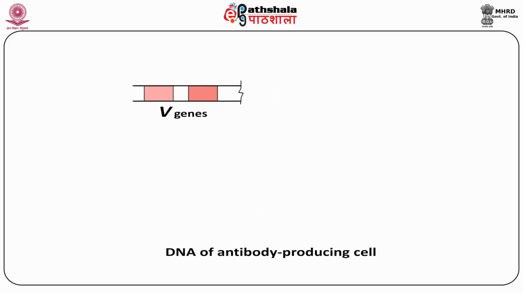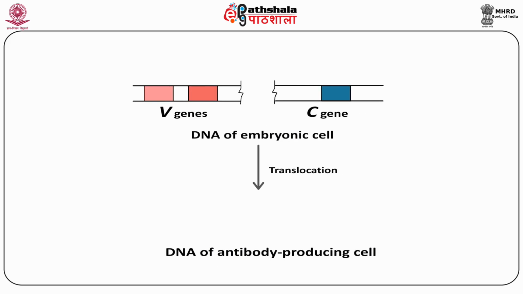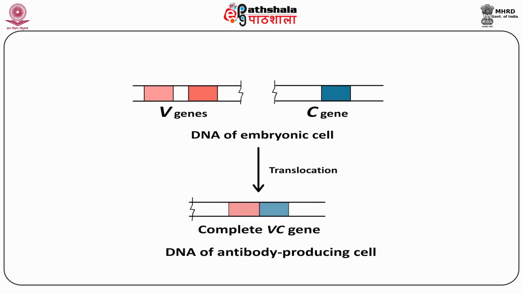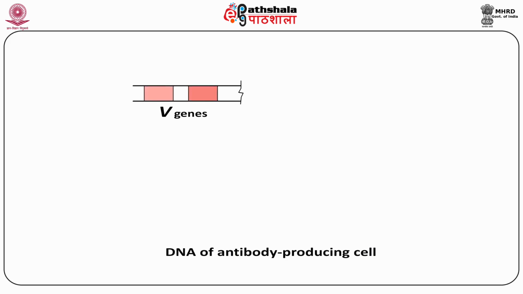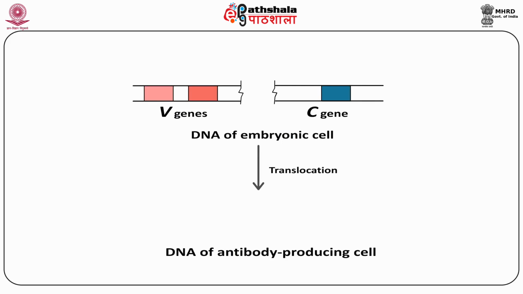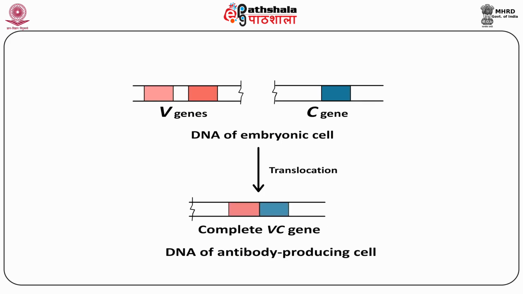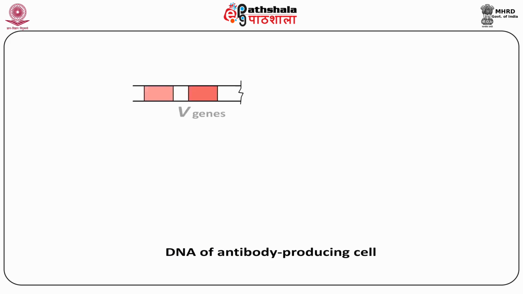In 1965, William Dreyer and Claude Bennett had proposed that there are multiple V genes along with a single C gene in the germline. During differentiation, one of the V genes joins the C gene.